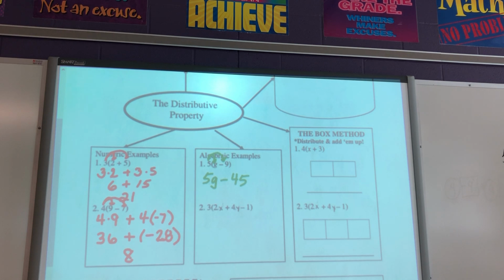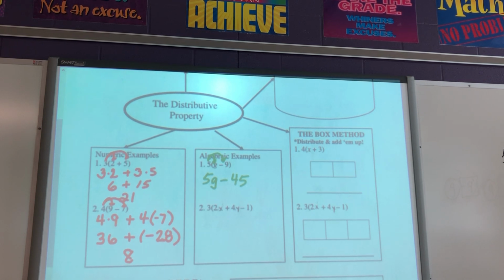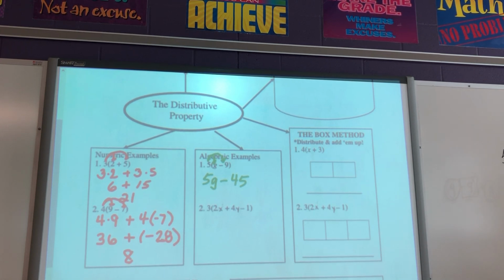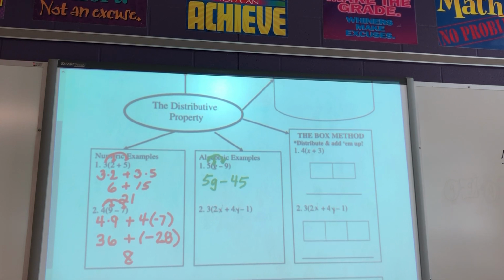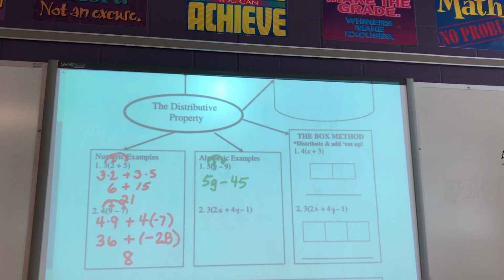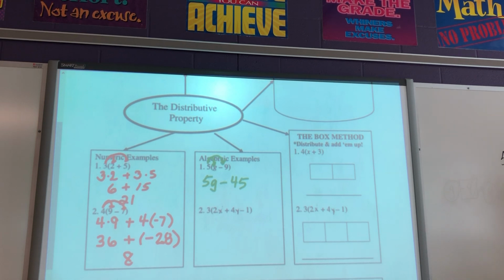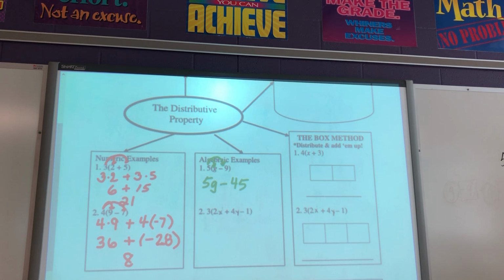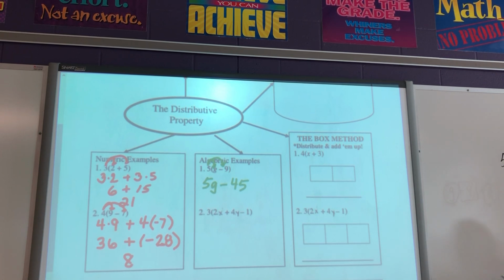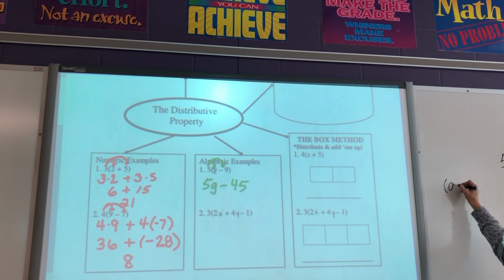Am I going to do that? No. But can I write this like this? If this is 5 groups of 9, then this is 5 groups of minus 9. So I could do this.